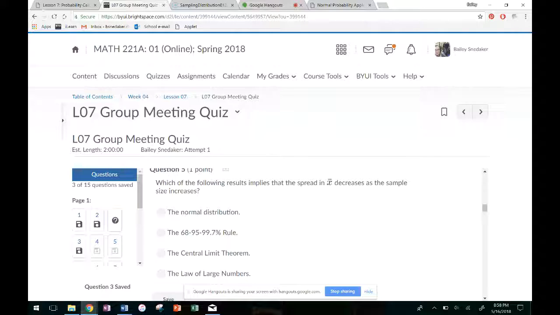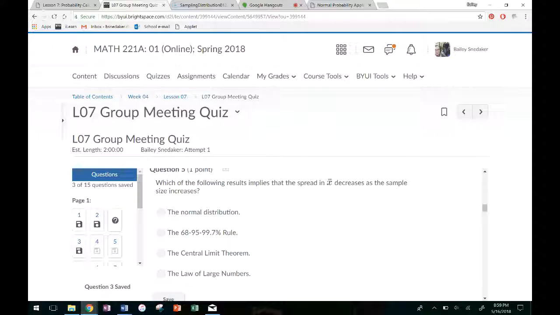Off the top, well, the 68 is the first deviation. Okay. 95 is the second deviation, and 97 is the third deviation. That's right. As the sample size increases, the standard deviation of the mean decreases.